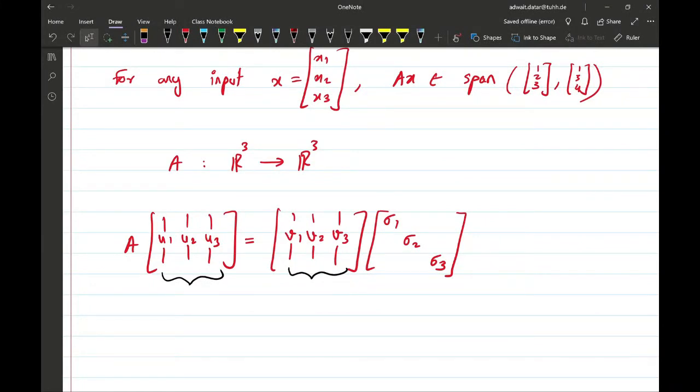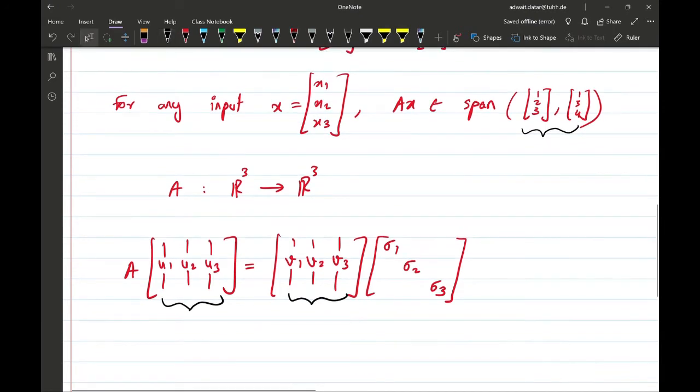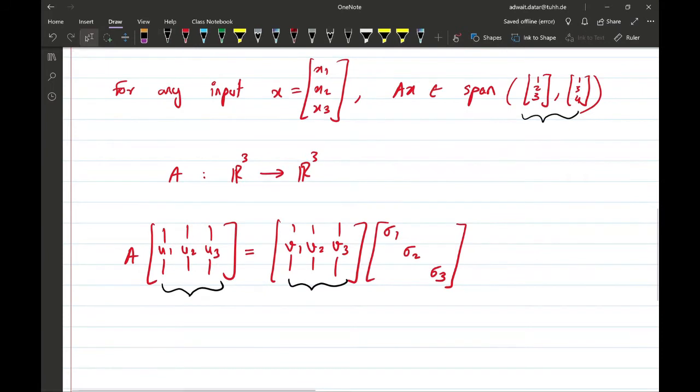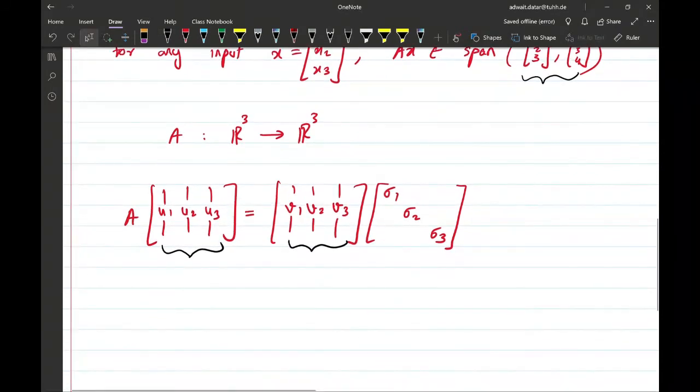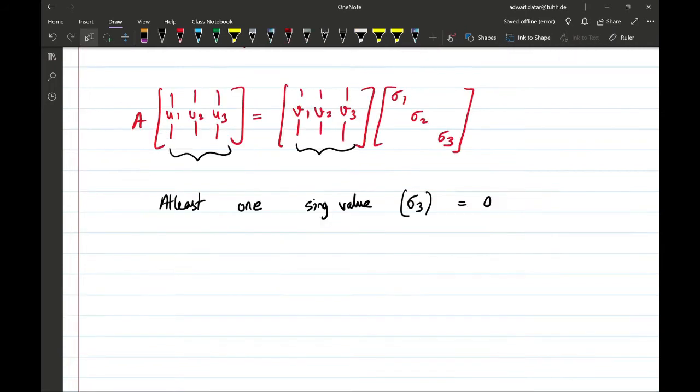But now we've just seen that A can have only outputs in a two-dimensional plane which is spanned by these two vectors. So we have to have at least one direction which cannot be reached by A, and therefore at least one singular value, let's say sigma 3, should be 0.